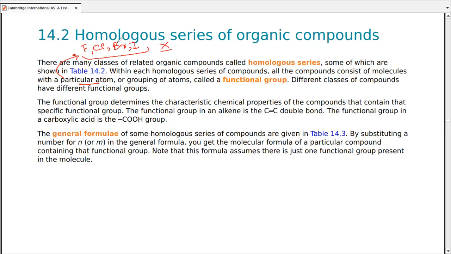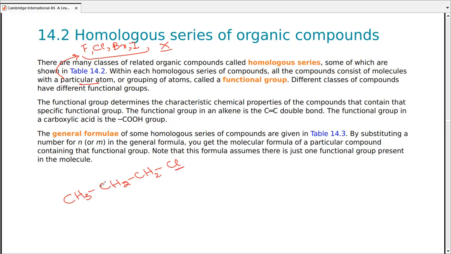If I attach only one of them to an organic compound, let's say propane, CH3CH2CH3, and I take one hydrogen atom out and connect a chlorine atom instead, this becomes not an alkane, but a halogenated alkane.